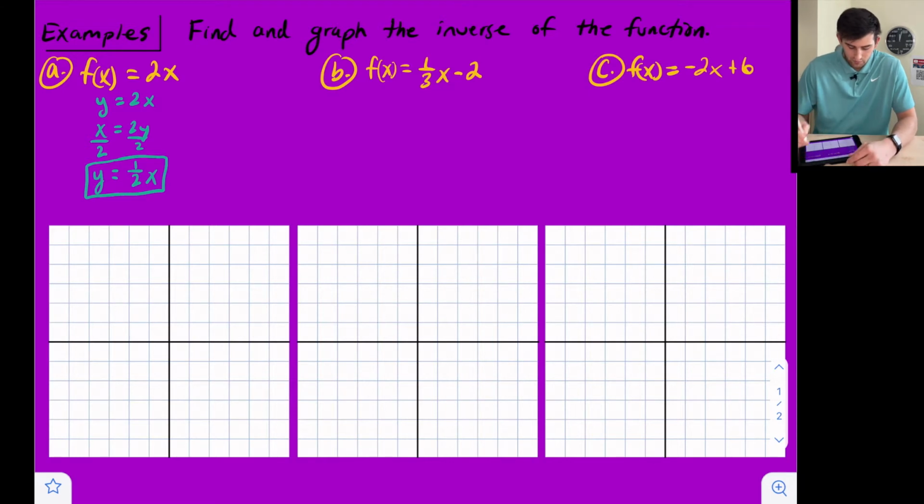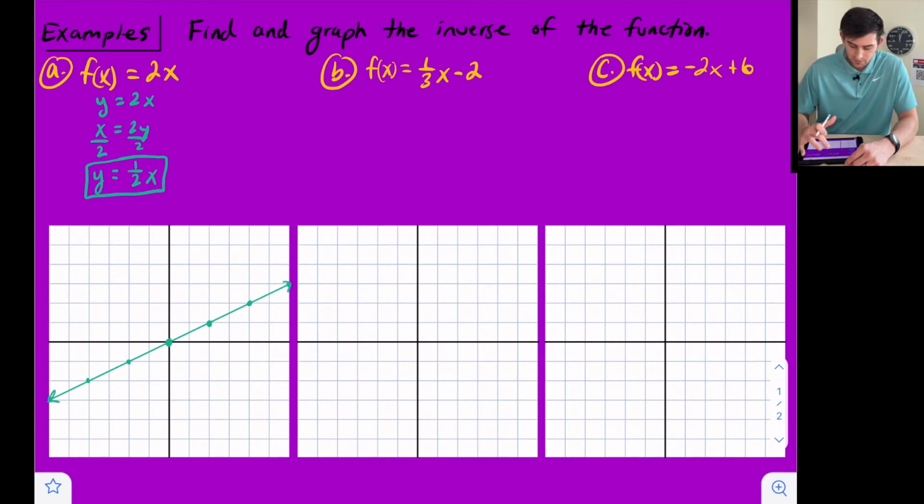So now if I graph y equals 1/2 x, we have a y-intercept at the origin. I'm going to go up 1, right 2, up 1, right 2, up 1, right 2. I'm going to do this as far as my graph can hold my points, just so it's easier for me to make my line. Now we know there would be arrows at the end of those lines, so we'll go ahead and add those in.